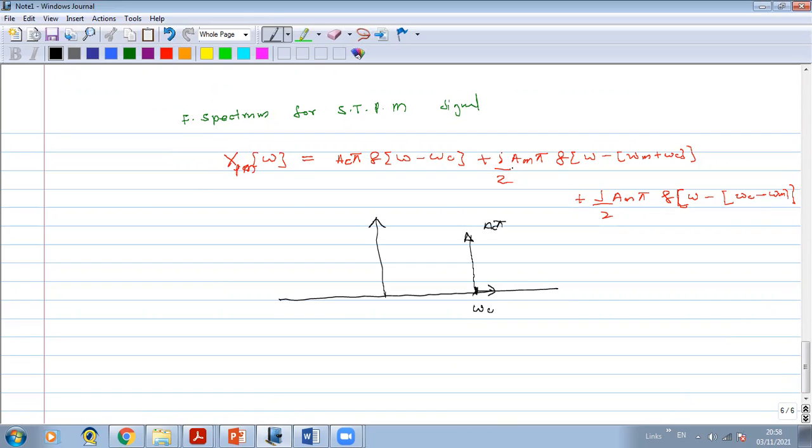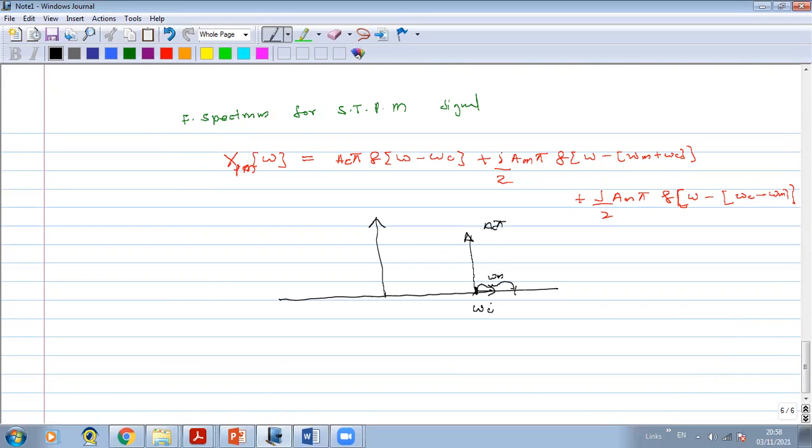And this term, omega minus omega m plus omega c, is shifted to omega c plus omega m.